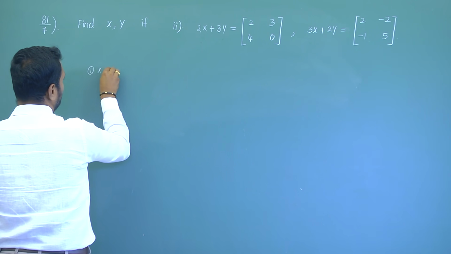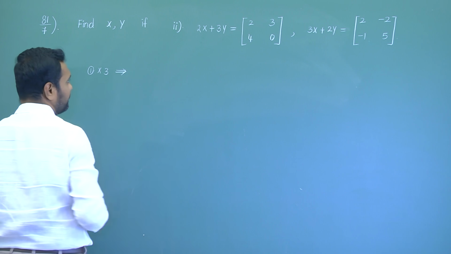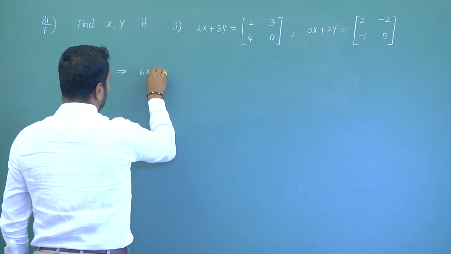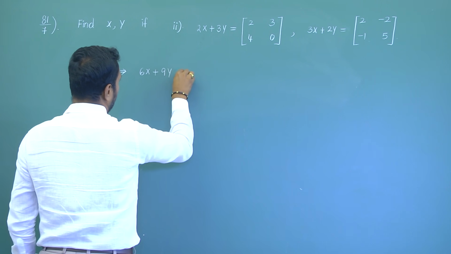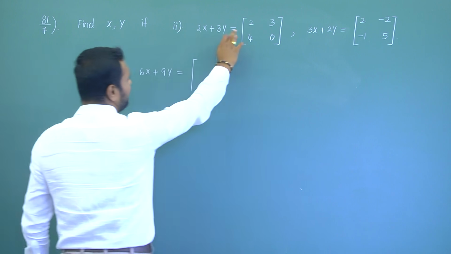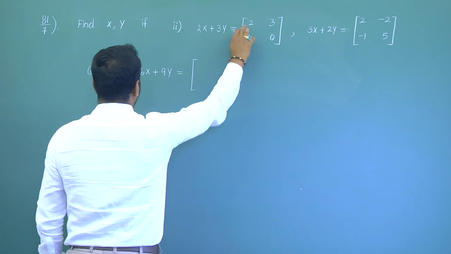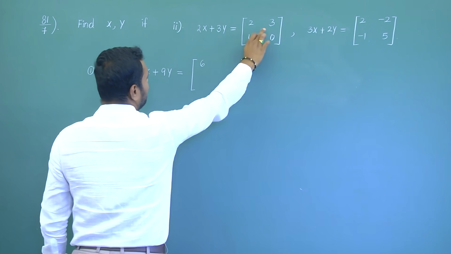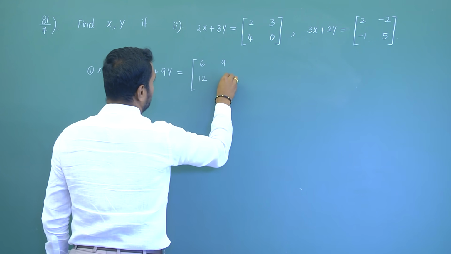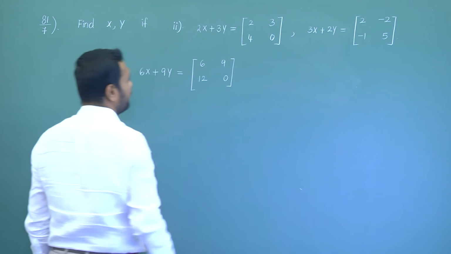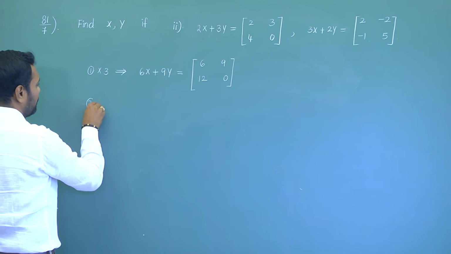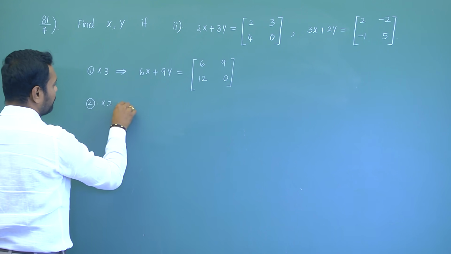Then if I consider these two equations as 1 and 2, equation 1 into 3 implies 3 capital X plus 9 capital Y equals, you need to multiply 3 to each and every element of this matrix: 3 2s are 6, 3 3s are 9, 3 4s are 12, 3 into 0, 0. Next, equation 2 must be multiplied with 2.